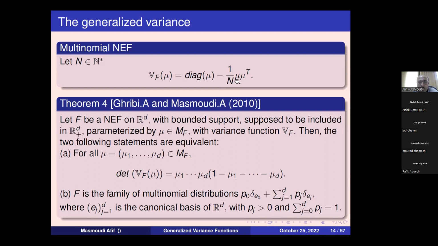If we take n equal to 1, we obtain the Bernoulli multivariate model. So if we calculate the determinant of this matrix, we obtain this equation A for n equal to 1. So here the generalized variance is the product of mu i if and only if F is a multinomial distribution or Bernoulli multivariate distribution.